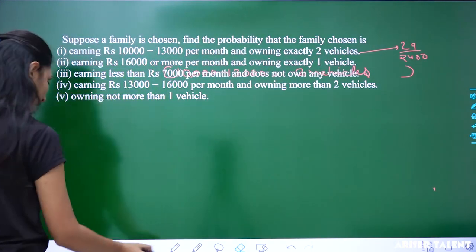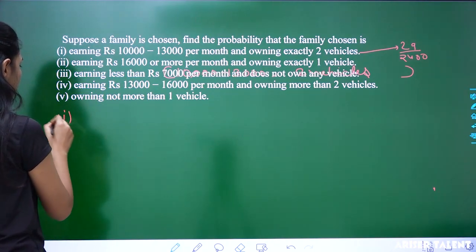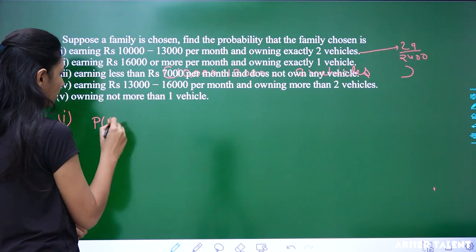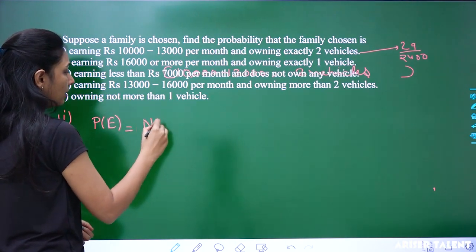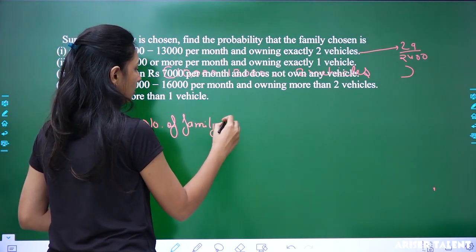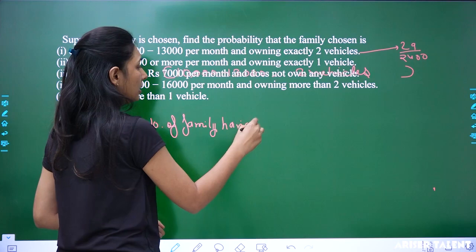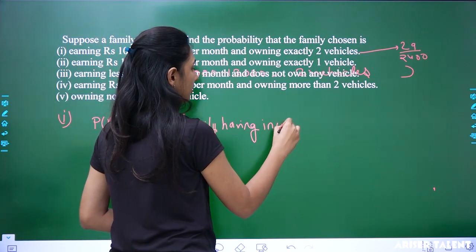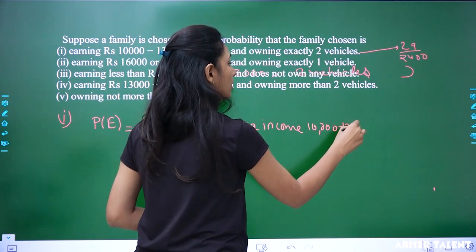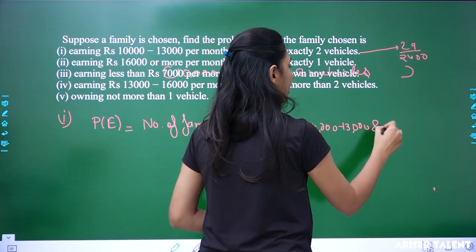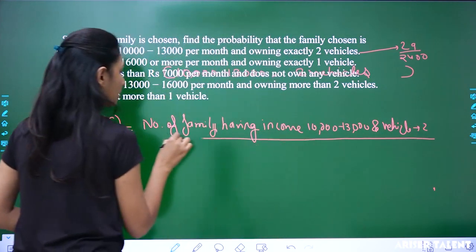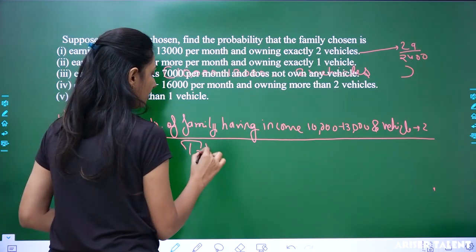So for the first one, it is the number of families having income 10,000 to 13,000 and 2 vehicles, upon the total number of families.